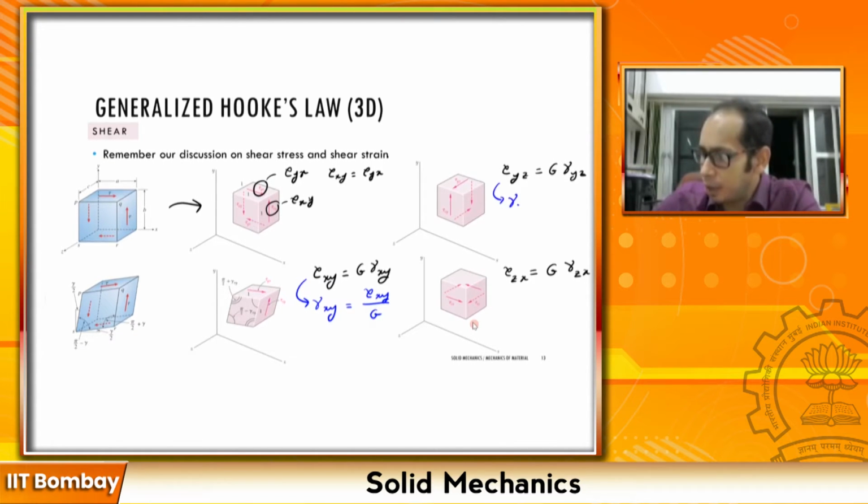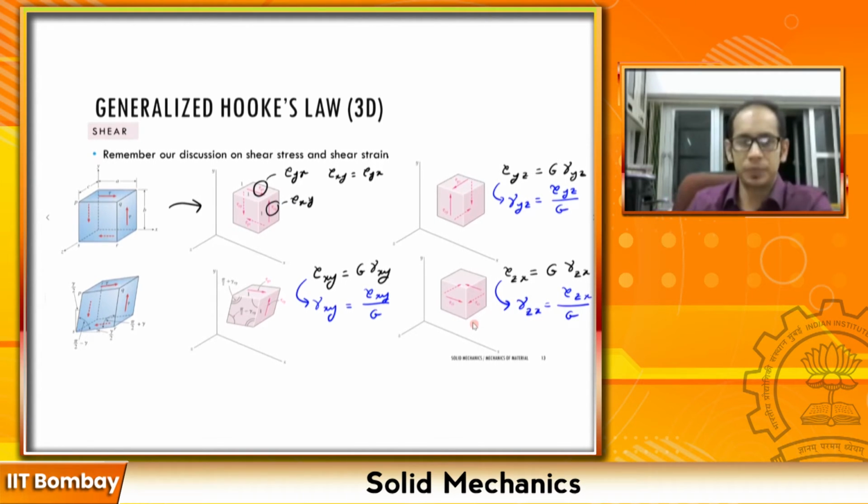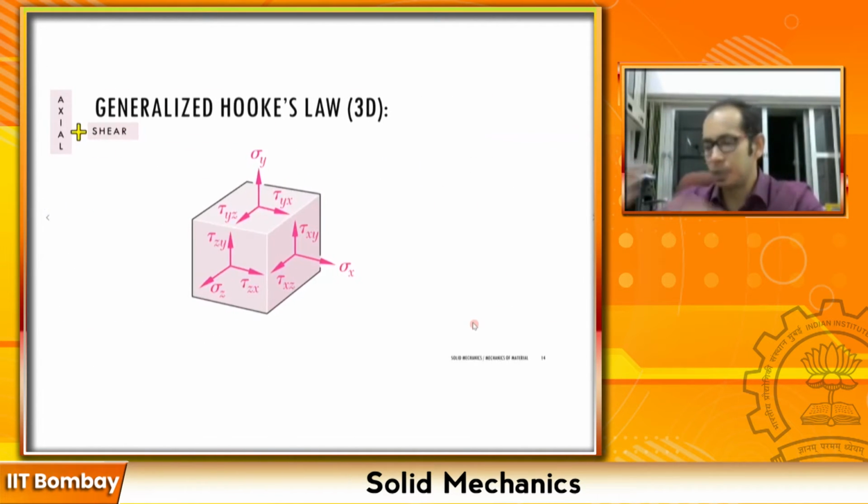Here gamma yz will be equal to tau yz by G, and in this one gamma zx will be tau zx by G. Simple, right? So let's go back to the generalized state of stress. This was our generalized state of stress that had both the axial as well as the shear. It has the sigma x, sigma y, and sigma z. It has the tau xy, the tau xz, and the tau yz, right?